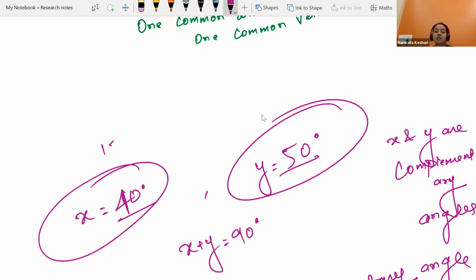One of the angles is 15.5 degrees, and the other angle is again in decimal. Let me figure it out.